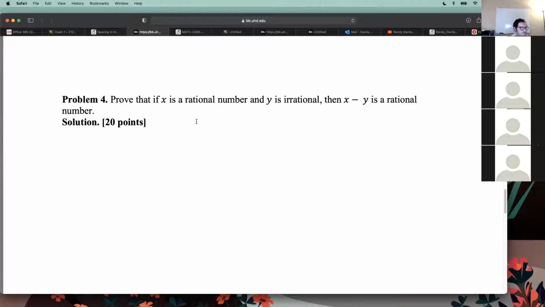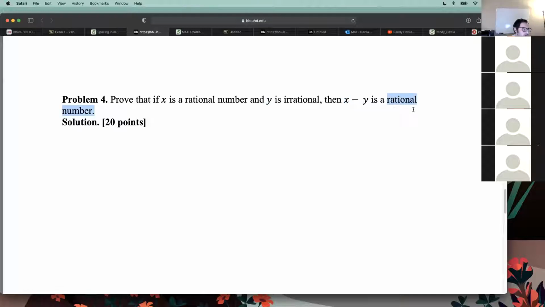There's only 4 of you. So here, suppose x is 0. That's a rational number. And suppose y is pi. 0 minus pi is equal to negative pi, which is irrational.